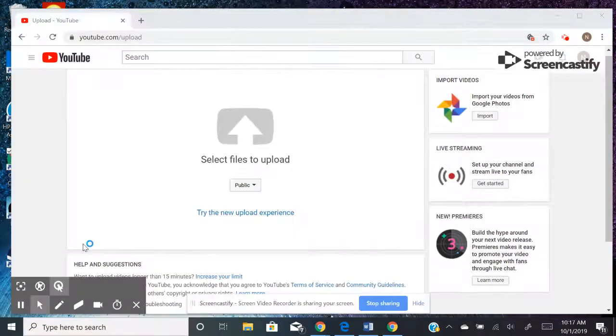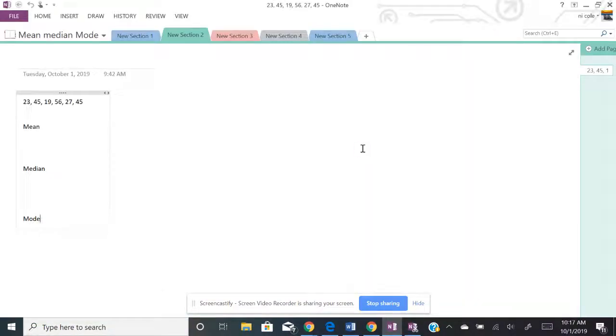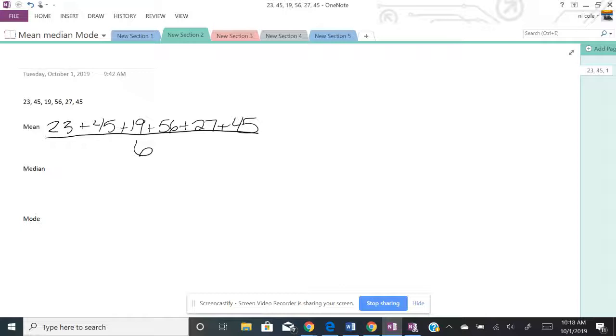Okay, so what I expect to see is 23 plus 45 plus 19 plus 56 plus 27 plus 45. How many numbers do I have? 2, 4, 6. So then I divide that by 6, and I enter that into my calculator.